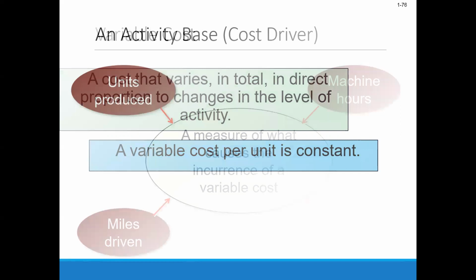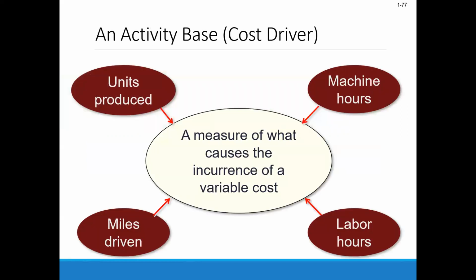Okay. Now, what drives costs? A cost driver is a measure of what causes the incurrence of a variable cost. It can be based on units produced, miles driven, machine hours, or labor hours. But usually there is a commonality that we can use to help drive the cost.